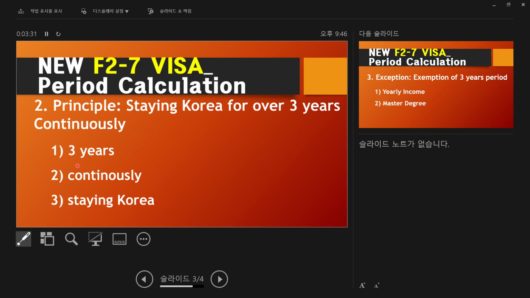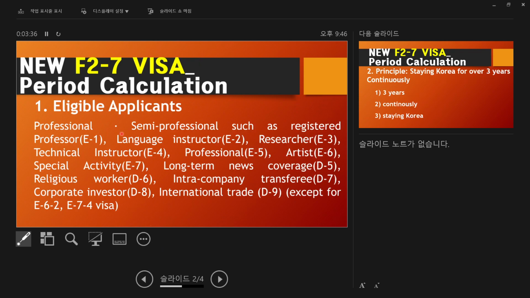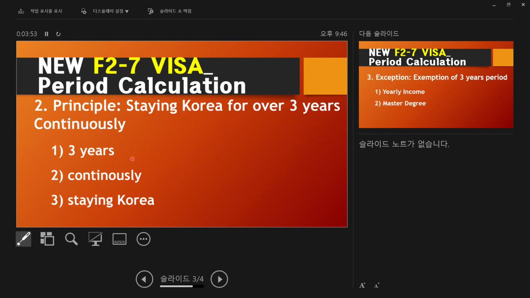So the 3 years is counted exactly from this visa, based on your ARC, right? You can check the date of issuance at the bottom of your ARC. From that date, you need 3 years, right?